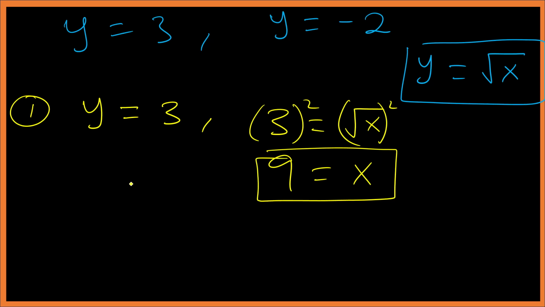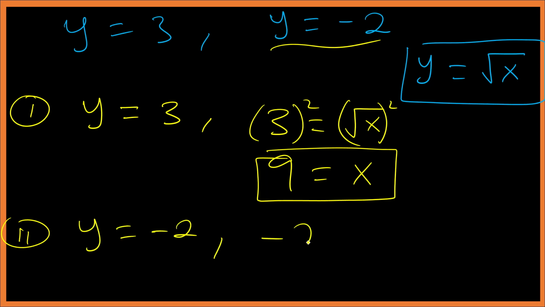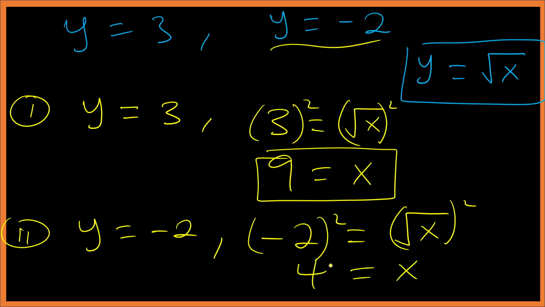Alright, so the next one will be when y is minus 2. Minus 2 is the same as square root of x, so square this side. So we have 4 equals x.